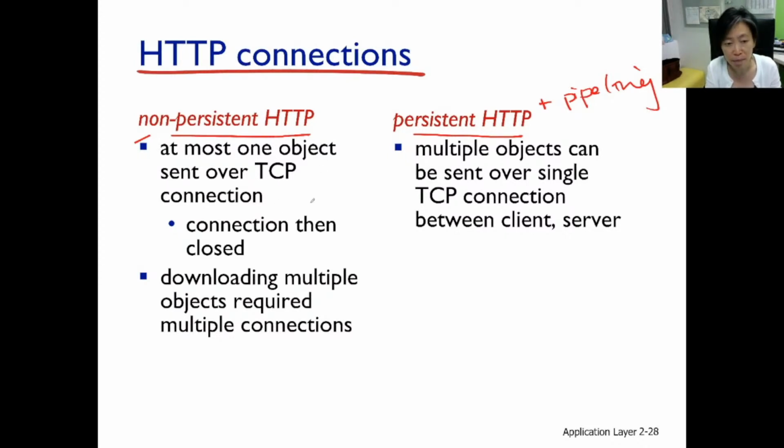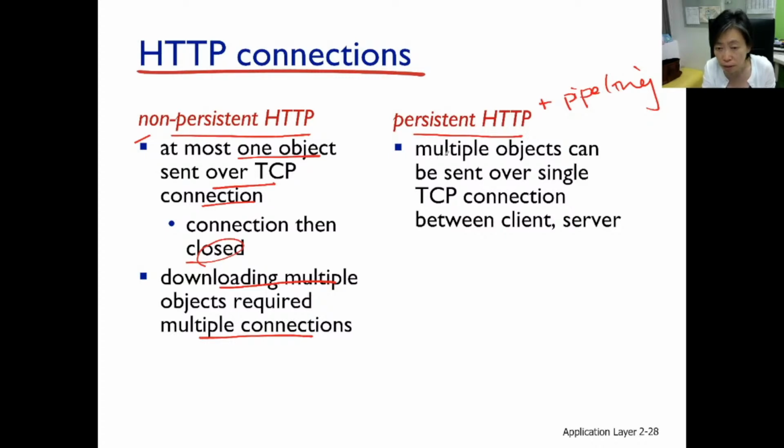In that, you send one object per TCP connection. The client and the server set up a TCP connection, then you send one HTTP request, you get one web object, and then you close the connection right after that. So to download multiple objects, you need to create multiple connections one after another sequentially.